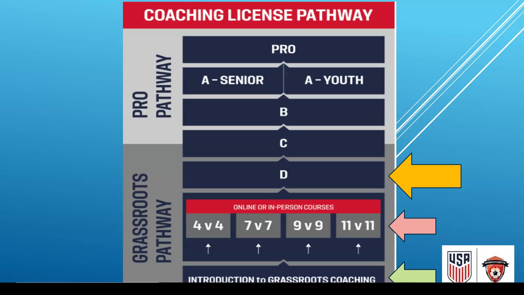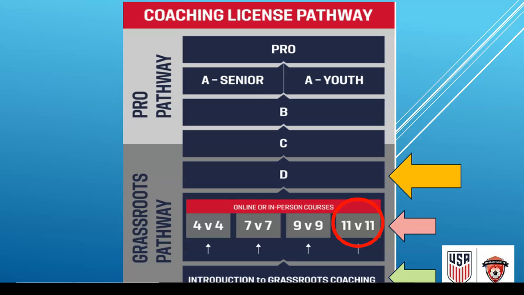Then, 2 in-person courses must be completed. These can be courses you have already taken online. However, one of the 2 in-person courses must be the 11 versus 11 course. Anyone who has completed their U.S. Soccer E-license is also eligible to go straight into the D-license.